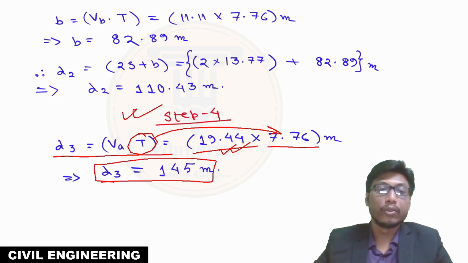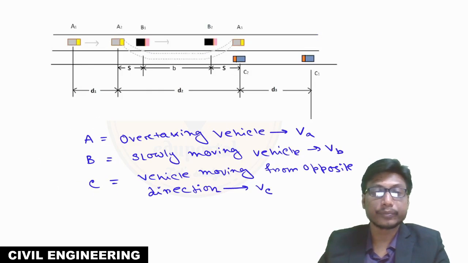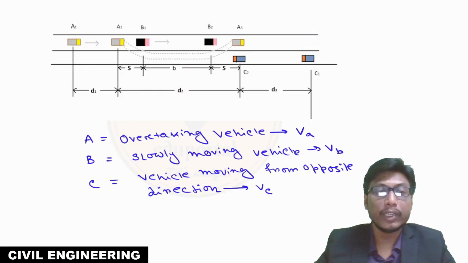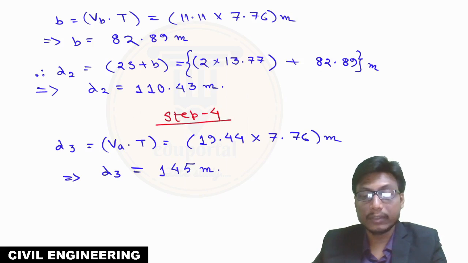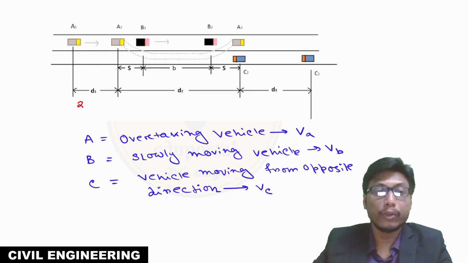So D1 is 22.22, D2 is 110.43, and D3 is 145.